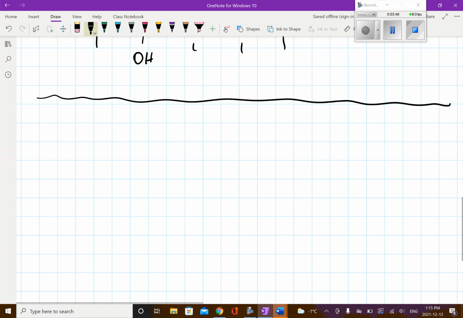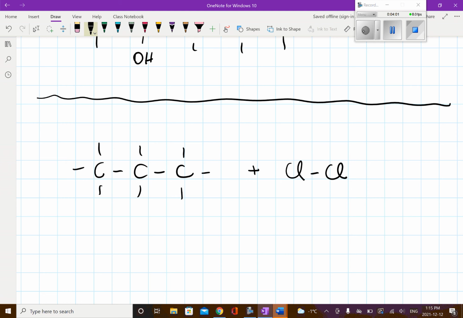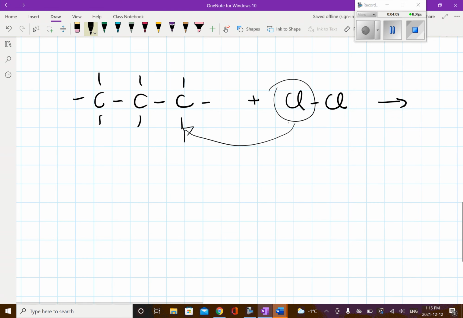Okay, when we have an alkane that is reacting, let's suppose that we have a propane and is reacting with chlorine. I'm writing chlorine as a 2 now. Then one of the chlorines will go and kick out one of the hydrogens that is there, and it can kick out any of them.